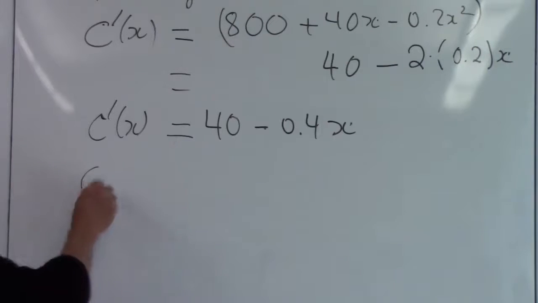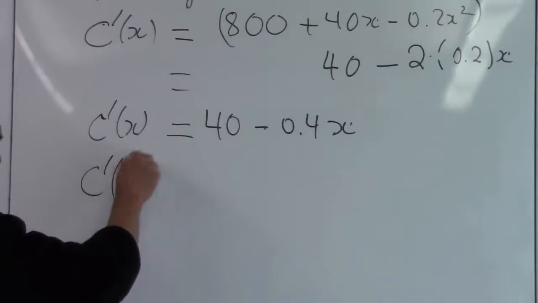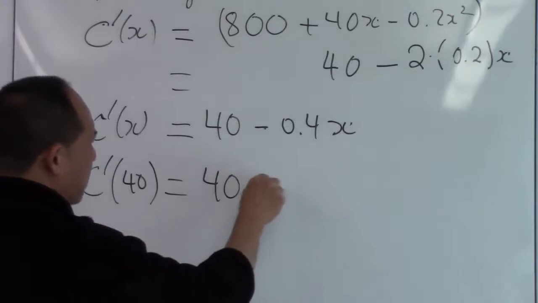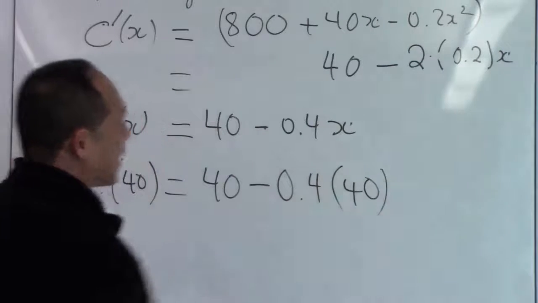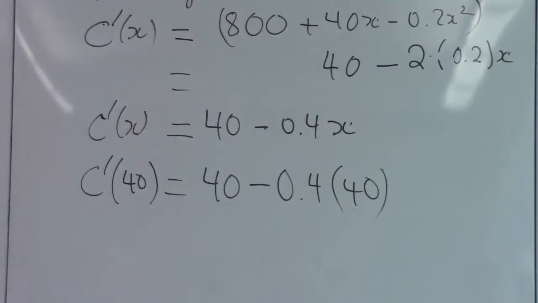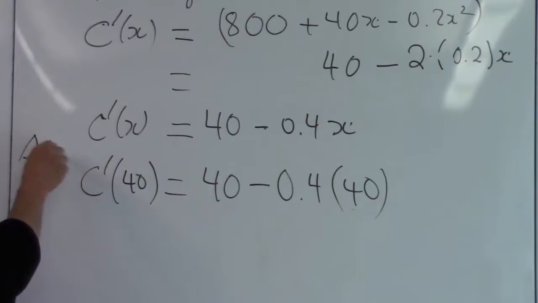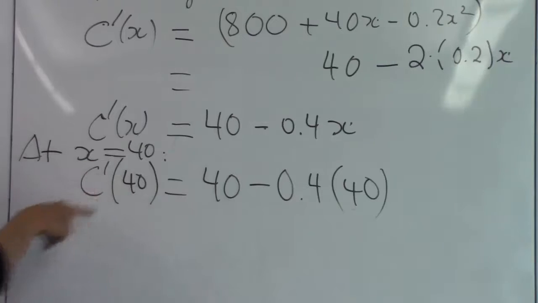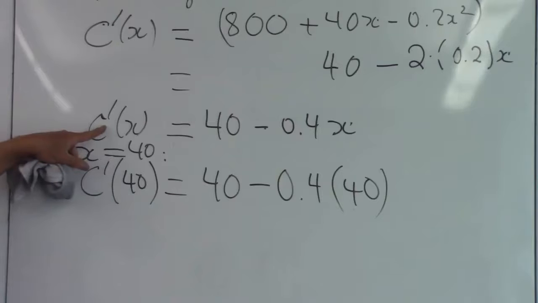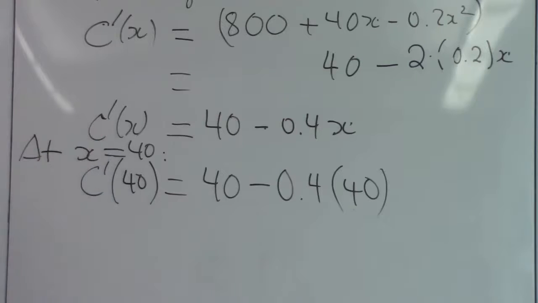Now C prime at 40 equals 40 minus something. That's our answer. If you like, to be precise, at x equals 40 you plug in. This is the formula for any x, but that is the value when x equals 40.